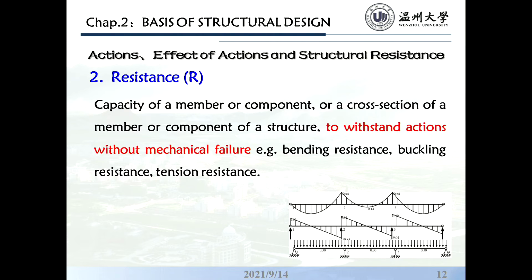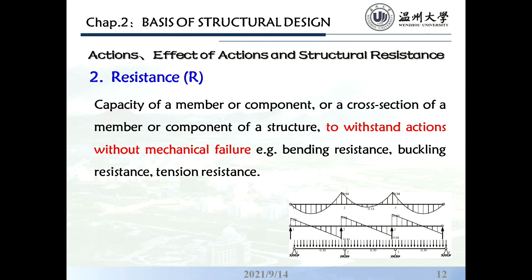For a material, because the molecules connect together, there is an internal force for the material to resist the load. So for resistance proposed here, it is just this character of things that can withstand action.